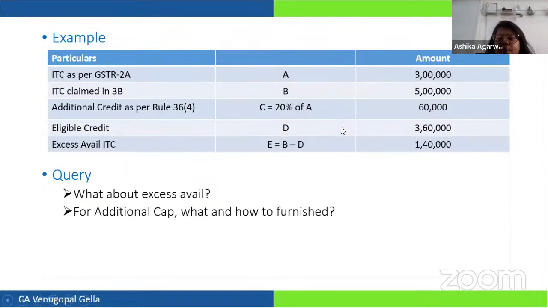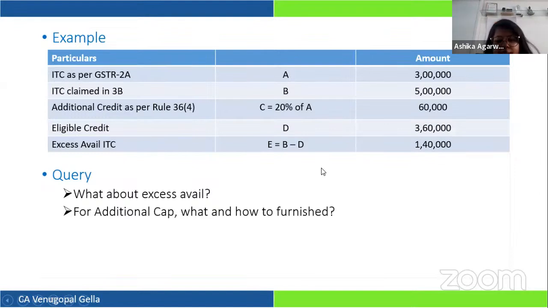Now, for example, it is that 20% cap which we discussed. Suppose your 2A is showing 3 lakh, you are claiming ITC of 5 lakh. So additional ITC which you will be eligible for as per that circular is 60K, means 3 lakh into 20%, 60,000. So eligible credit as per that circular will be 3 lakh 60. Though you have availed 5 lakh, as per that circular, they will try to disallow 1 lakh 40,000.